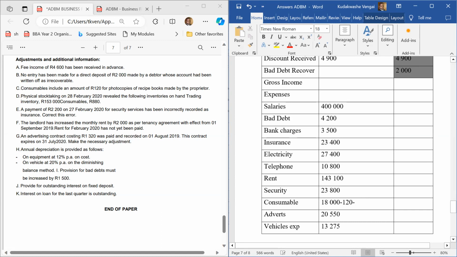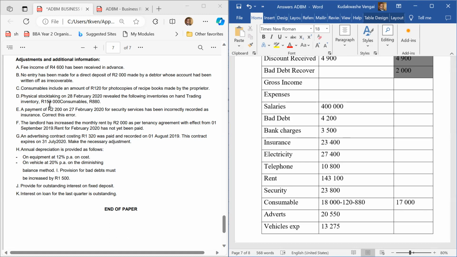So we cannot include it because it's for next year. So we're going to remove 880, right? So our final figure for consumables is going to be 18,000 minus 120 minus 880. And then we're going to end up with, interesting, 17,000. So 17,000 for consumables, right?